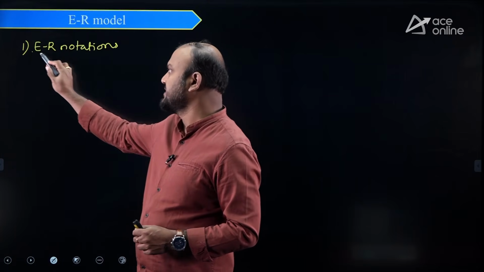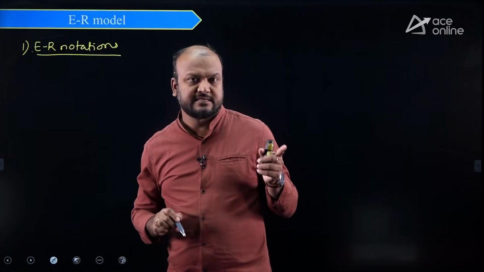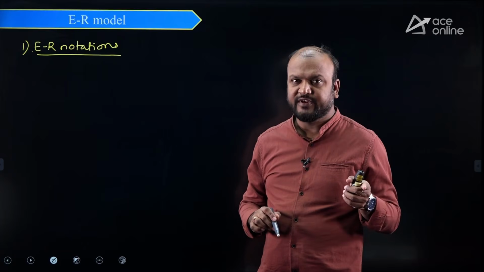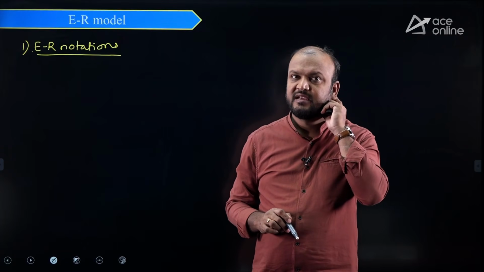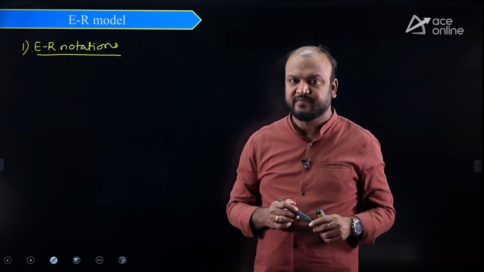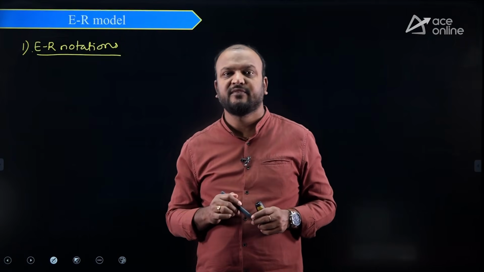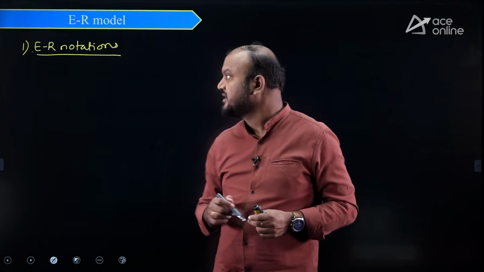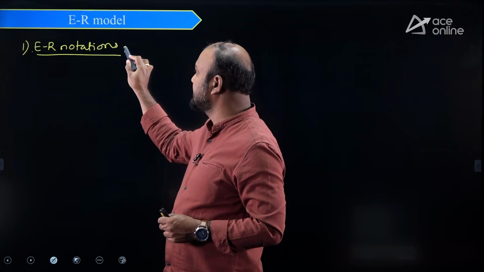In the last GATE exam, I think in 2021, they asked how do you represent the weak relationship. The weak relationship is to be represented with a double diamond. So, the ER notations are important.